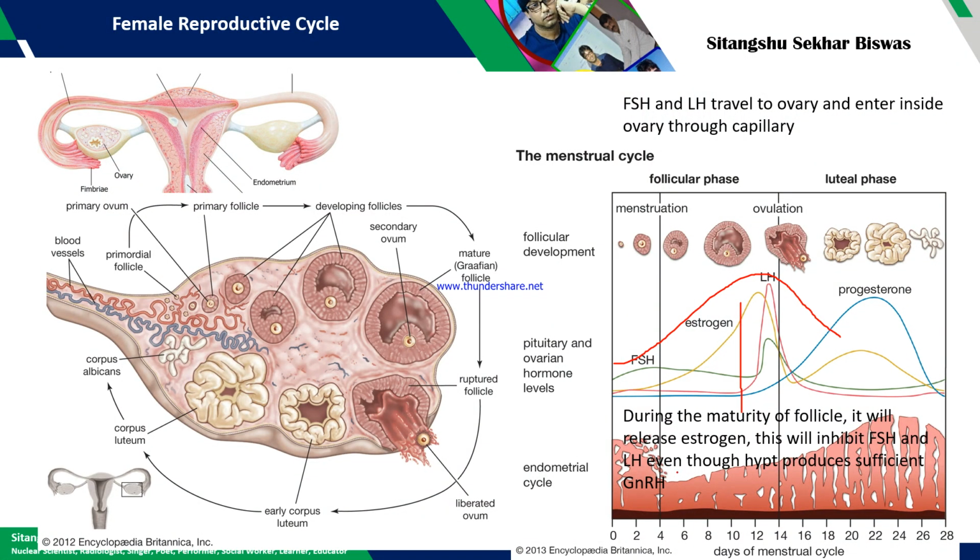So till 11 to 12 days, due to the inhibitory action of estrogen at its lower concentration, even though the hypothalamus is producing sufficient gonadotropin releasing hormone, it suppresses the anterior pituitary from releasing follicle stimulating hormone and luteinizing hormone. Clear?